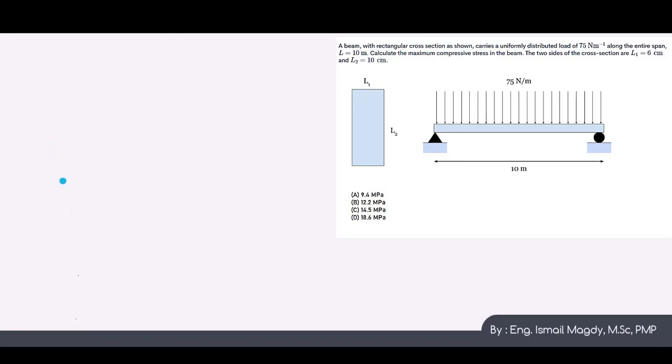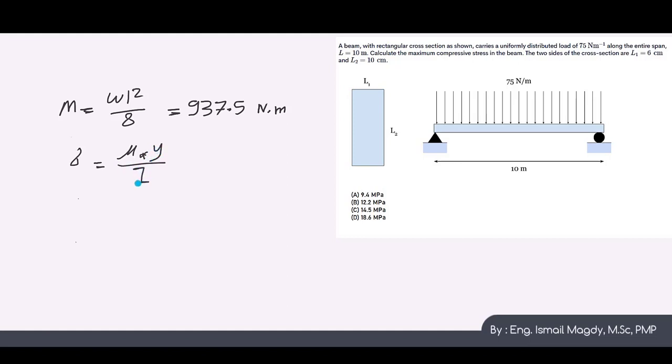First step is to calculate the moment, which equals WL square over 8, which equals 937.5 Newton meter.